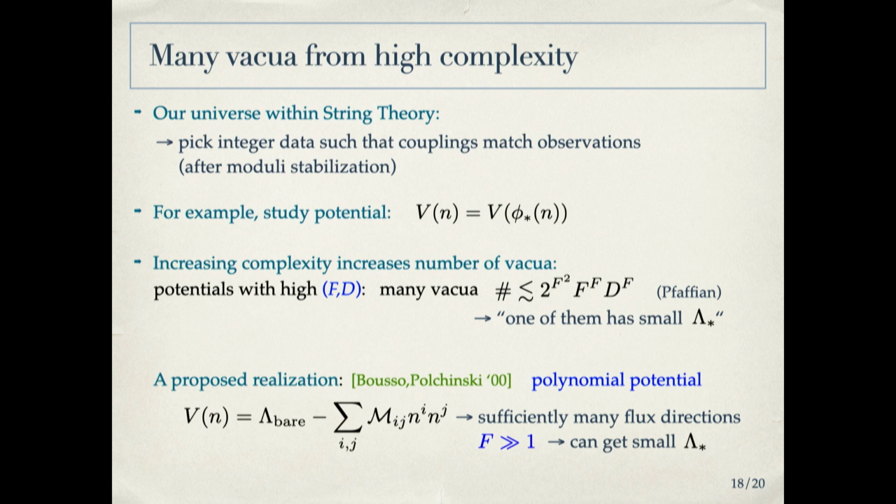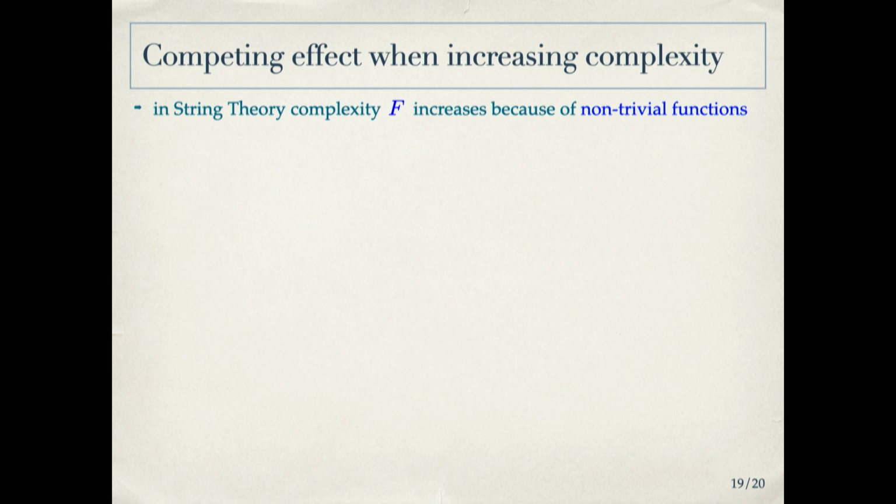It's a polynomial equation, and it has never been realized in string theory. My point, which you can draw from the discussion which I described before, is that in string theory, actually, what happens is that the complexity increases because of non-trivial functions, because we should never fully ignore corrections.